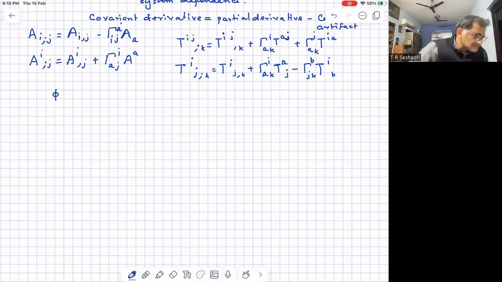Now the derivative of the scalar field is phi comma i. The derivative of a scalar field is a tensor, right? We already saw that. It's a covariant vector, so it's a tensor of single rank. Let me call this vector, just for convenience, A_i. Are you with me?